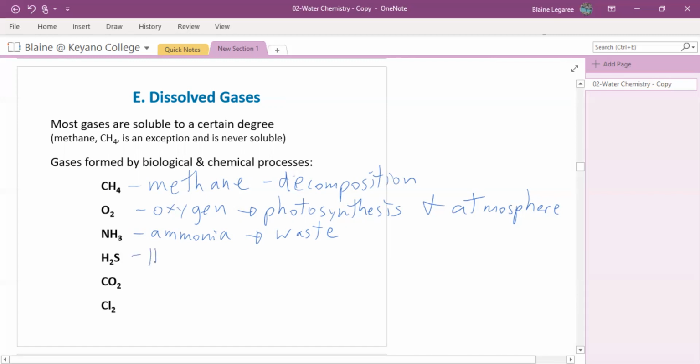So H2S is, of course, hydrogen sulfide. And this is also from decomposition. It's a pretty toxic gas, so I think next year you're going to take that safety course, H2S Alive, and learn all about how to protect yourself from hydrogen sulfide. CO2 is carbon dioxide.